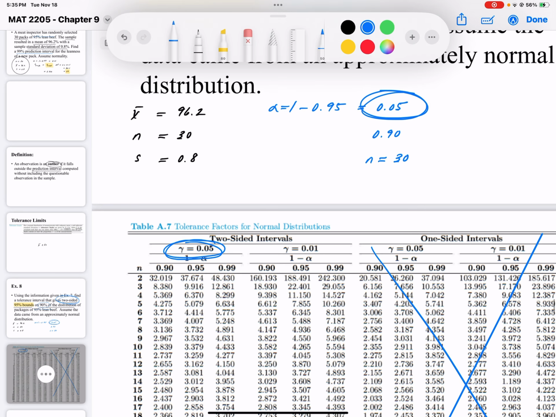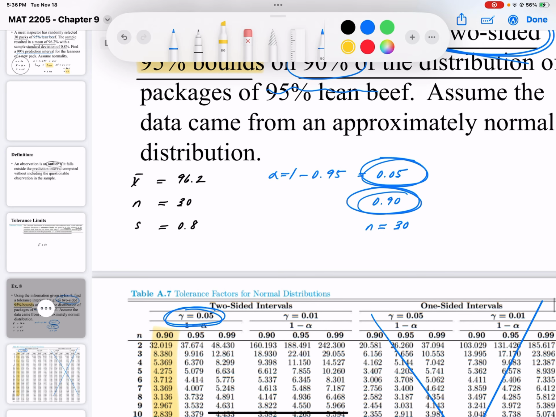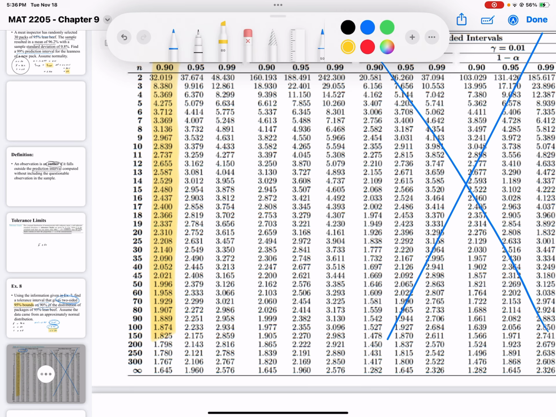And then what is the amount we want to cover? 90%, so I'm in this column. And what is our N value? 30. So K is 2.14.